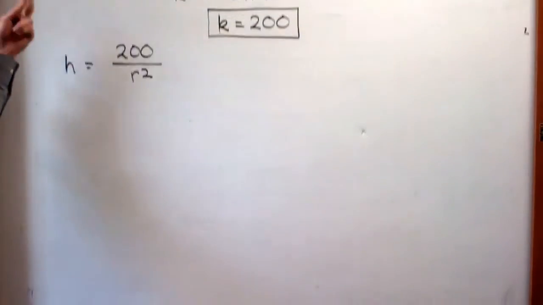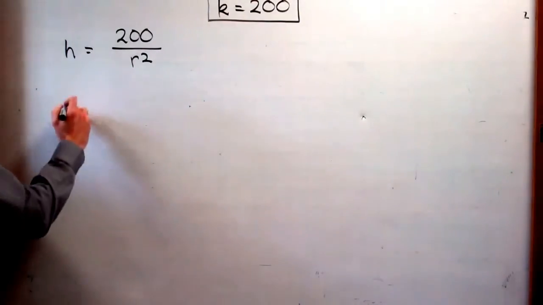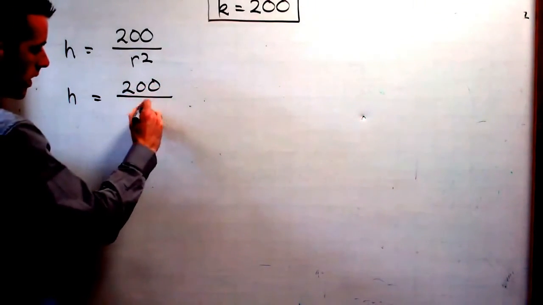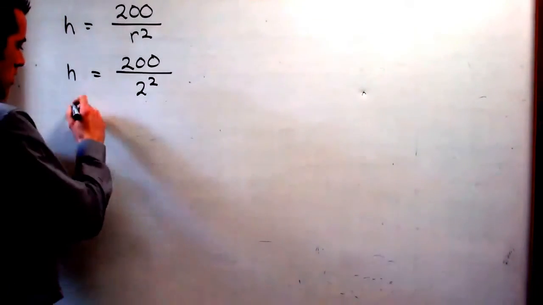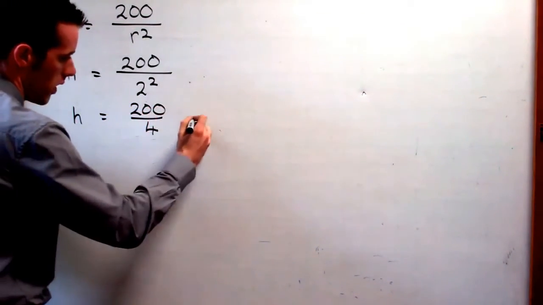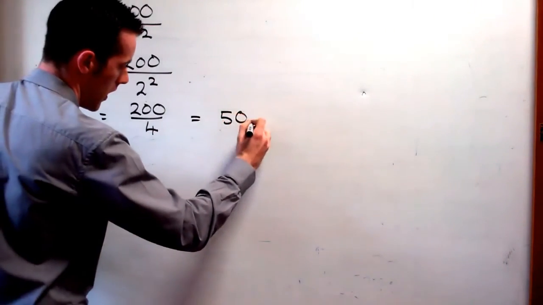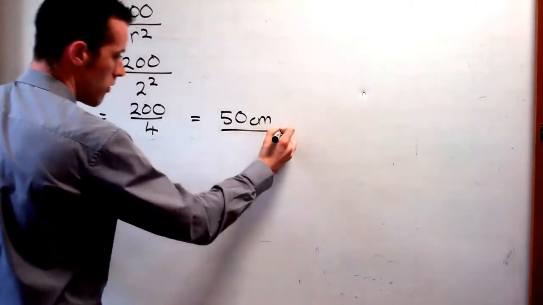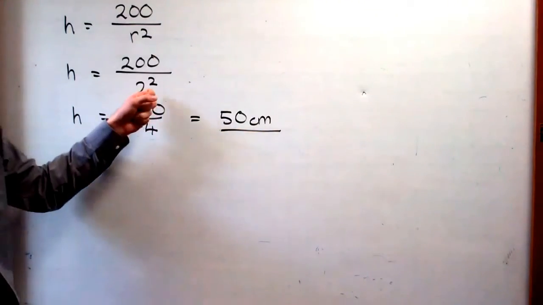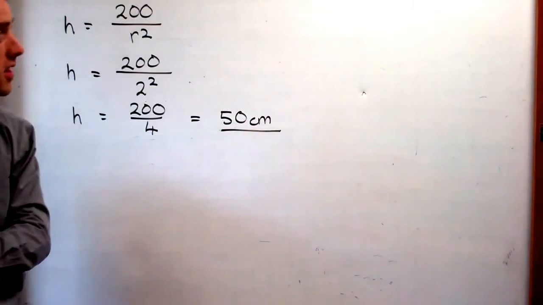So I know r is 2 now, so h, the height of the cone, equals 200 divided by 2 squared. So that's 200 divided by 4, which just gives us 50 centimetres. So the height of the cone for a cone of radius 2 centimetres is going to be 50 centimetres.